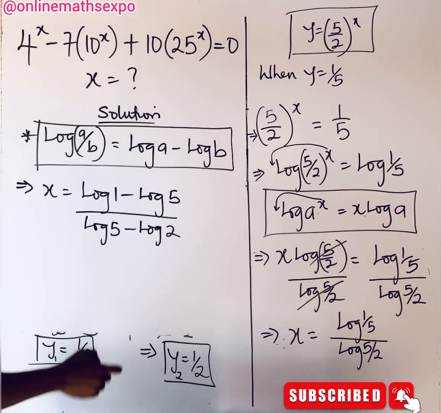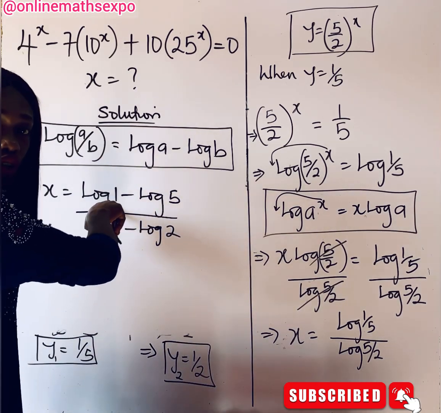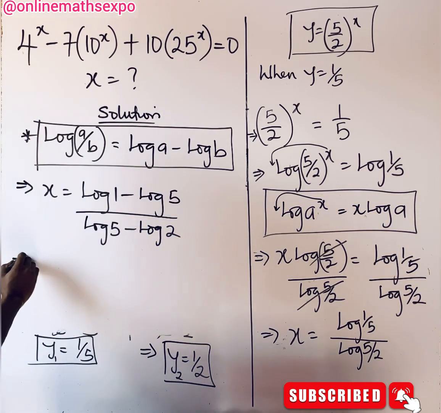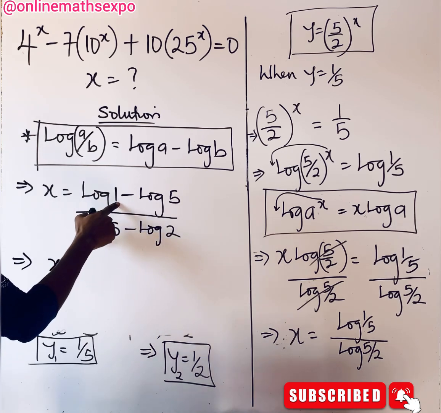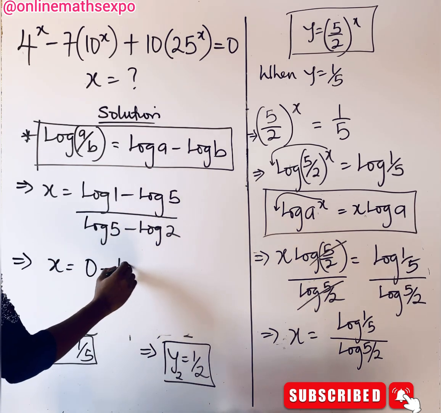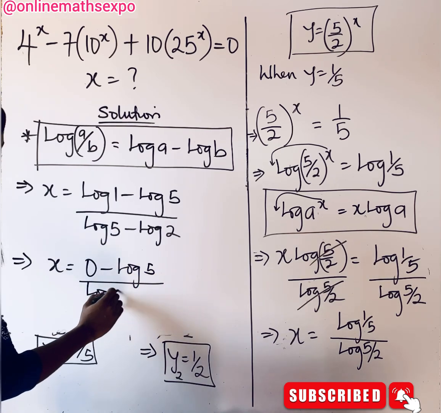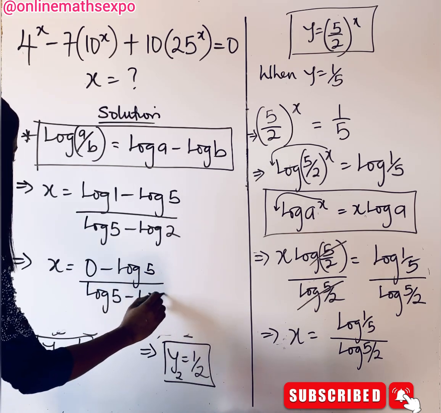Remember, in your logarithm rule, log of 1 is always 0. So this is going to give us x is equal to 0 minus log of 5 all over log of 5 minus log of 2.